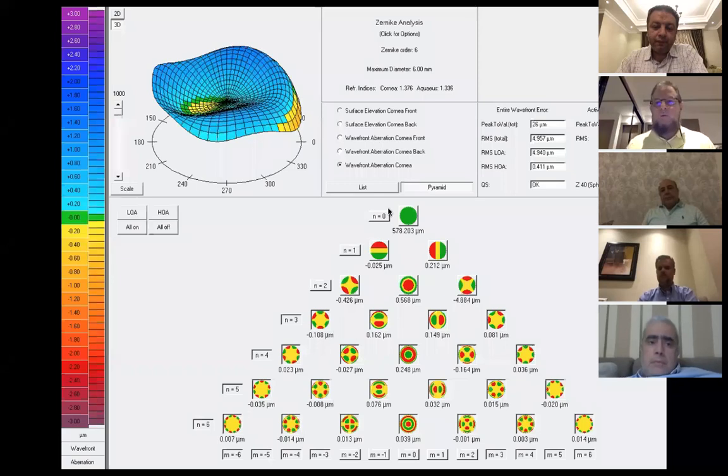Now, of course, we have to exclude all patients having high order aberrations from premium IOL implantation. But let's assume that it occurs. A patient comes after the operation. We discovered that we did not pay attention to the high order aberrations that he had before. And the source of the high order aberrations is the cornea.